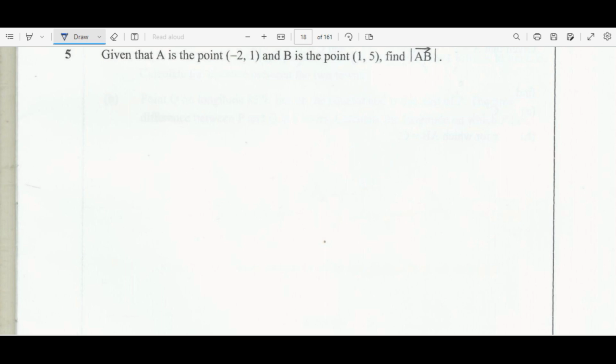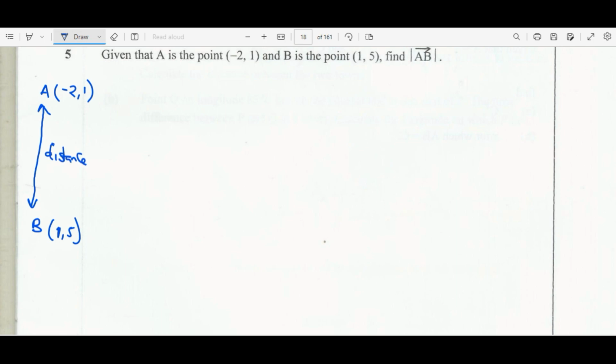They're asking us to find the distance between A and B. They've given us the location for A, which is (-2, 1), and the location for B, which is (1, 5). Now they want us to find the distance.